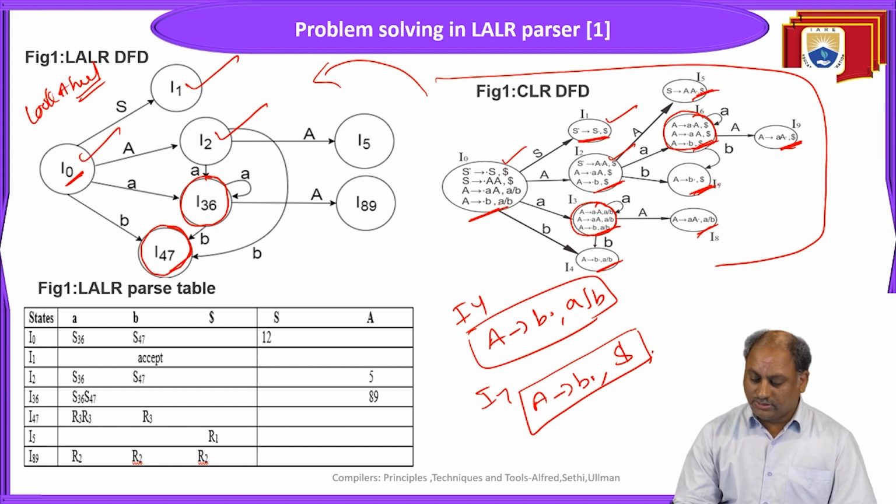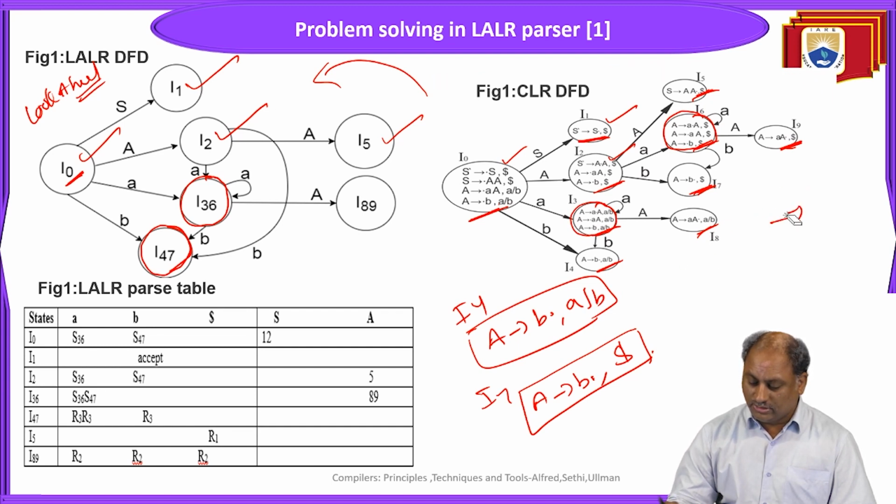I5 is the state which doesn't have any matching option, so we have to process the same. Whereas I8 and I9, if you observe, these two are the same. I8 contains A derives small a capital A dot, and the look-ahead is A/B.